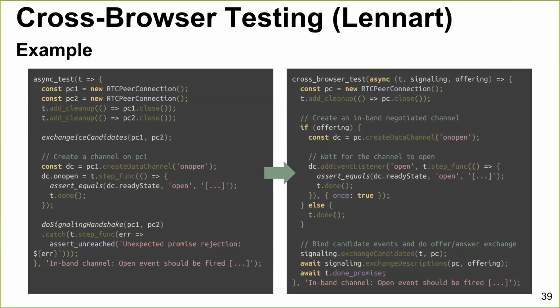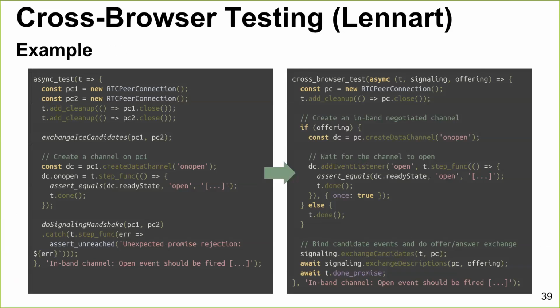On the right, we have the modified version that adds the cross-browser compatibility. Something I have to note here is that this lets the test run in a single browser, and it also lets it run in cross-browser mode. What we can see is that there's a new function, which is a wrapper, basically, or a helper.